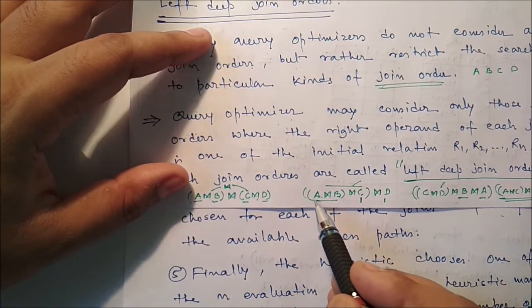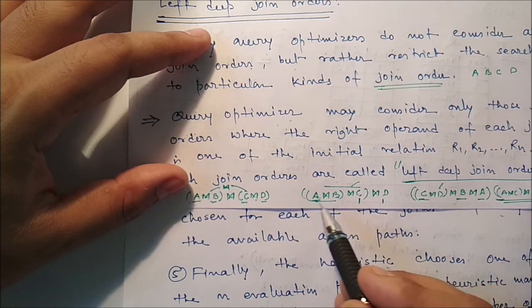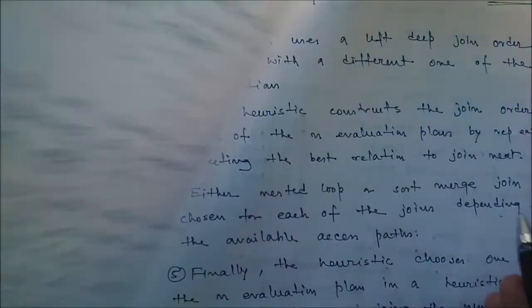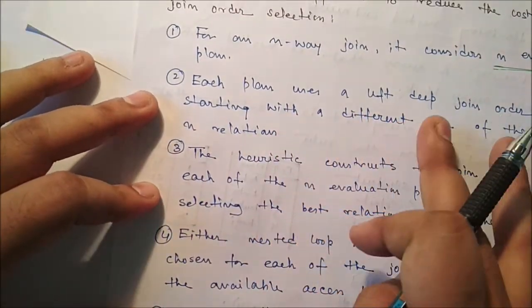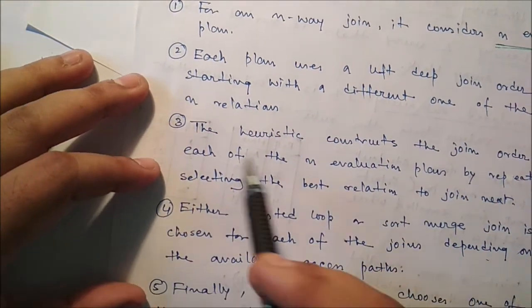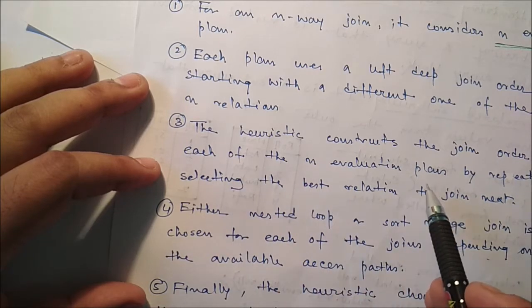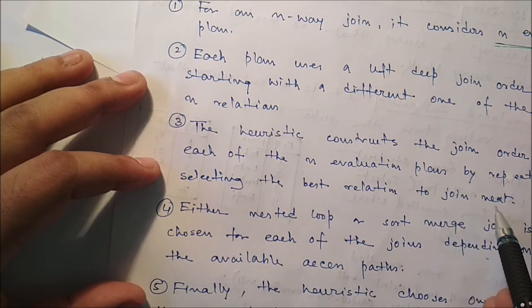So here we have started with A, here we start with C, here A with B, here C with D, here A with C. Are you getting this one? So each plan uses a left deep join order starting with a different one of the n relations. Now the heuristic constructs the join order for each of the n evaluation plans by repeatedly selecting the best relation to join next.